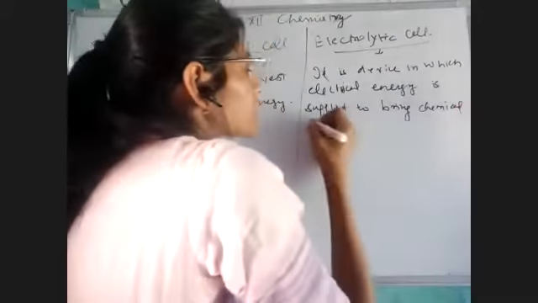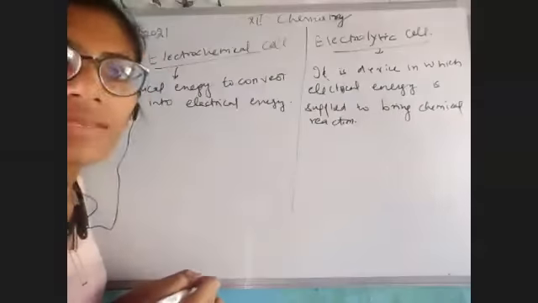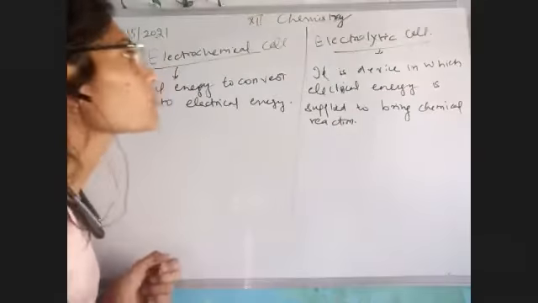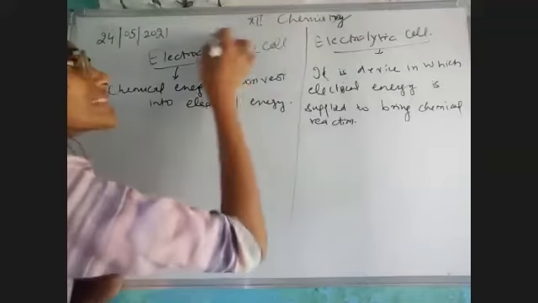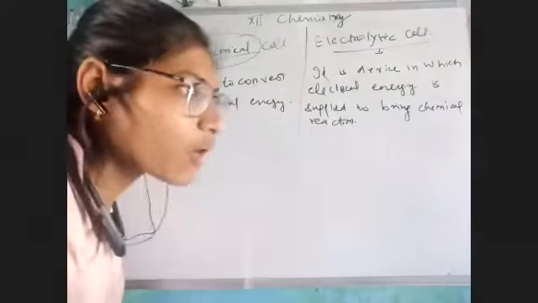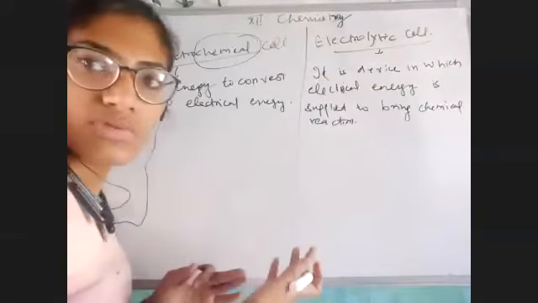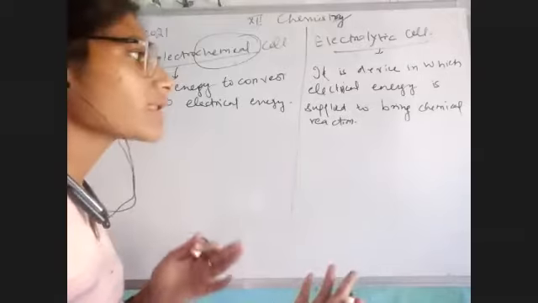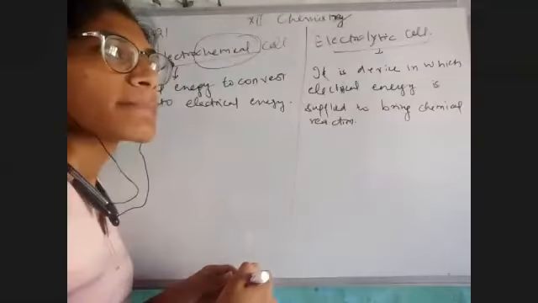To bring about a chemical reaction. I hope I'm clear with the topic. It's totally opposite. In electrochemical cell, we were taking a cell in which a chemical reaction is carried out, and that electrical energy we're using in many devices like motor, induction motor, or any kind of batteries.